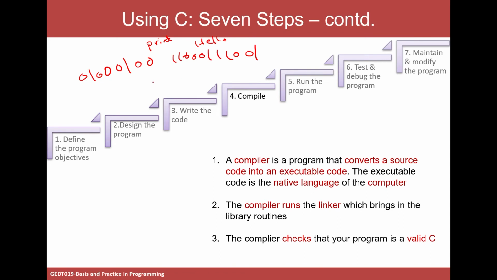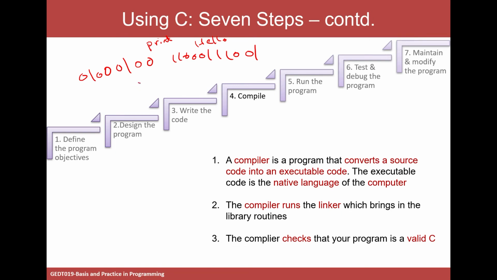So if you want to write print hello on the screen, you need to remember this kind of thing, which is very hard for a human. Humans cannot remember the instructions to tell the computer to do something in machine code. It's very hard.